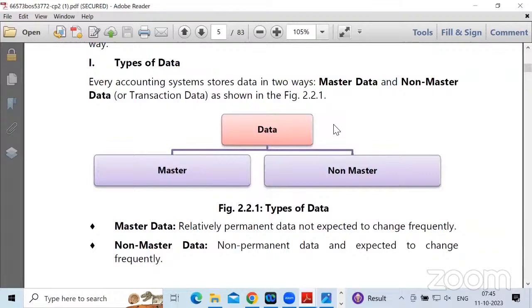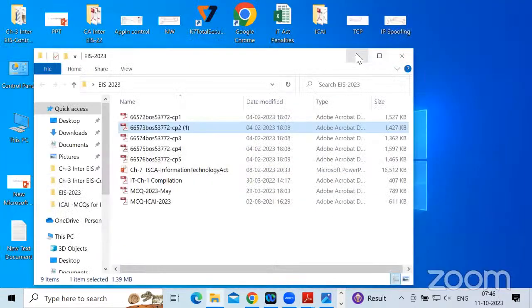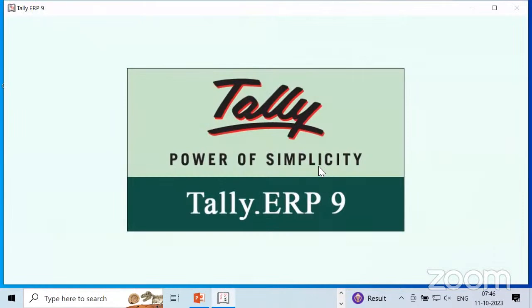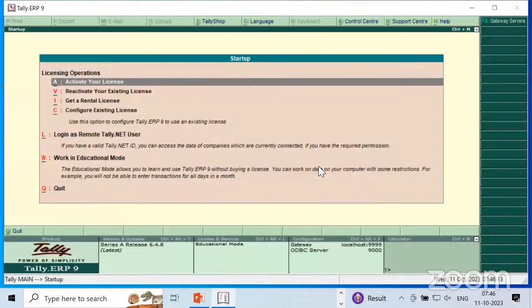Right. Types of data: master data and non-master data. Normally, I give an example of Tally, where we have master data and non-master or transaction data. All of us are very familiar, but still.